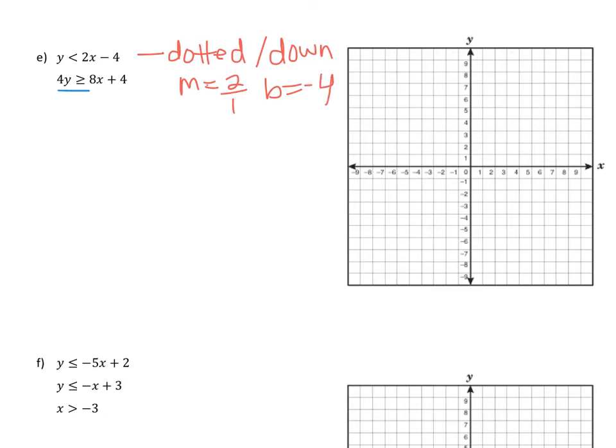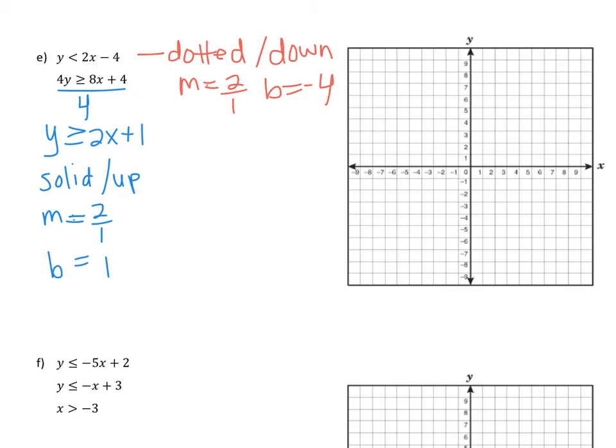The second inequality, to get y by itself, I'm going to divide by 4. y is greater than or equal to 2x plus 1. I know it's a solid line because of that greater than or equal to. And y is greater than, so I shade up. My slope is 2/1, and the y-intercept is +1.